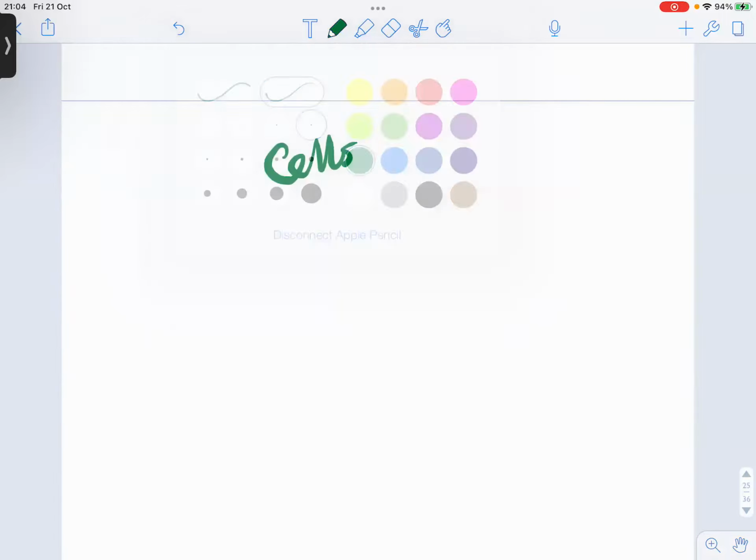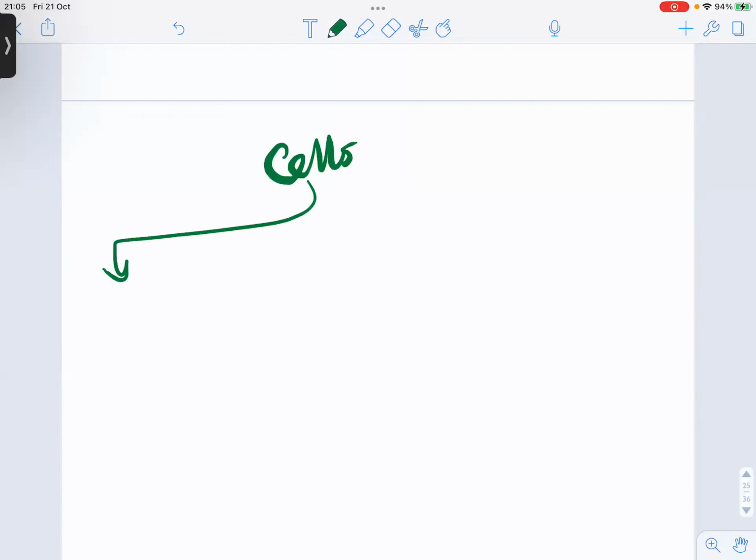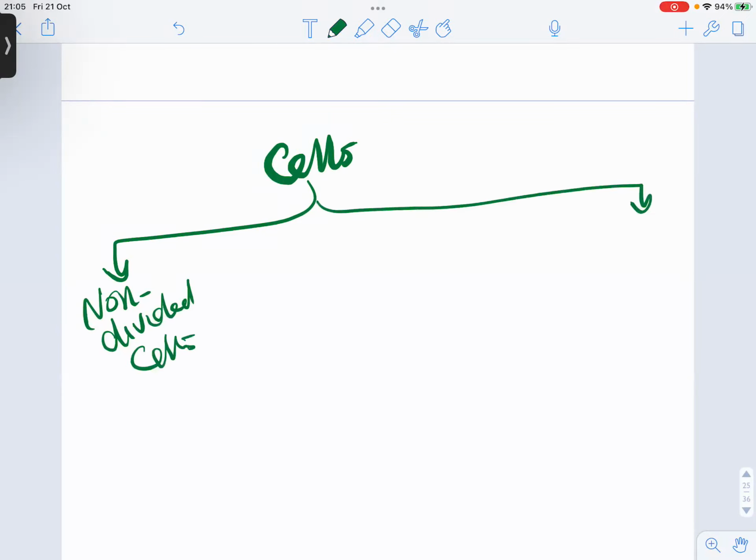You have non-dividing cells, called permanent cells. If you lose some of these cells, you cannot restore the number again.